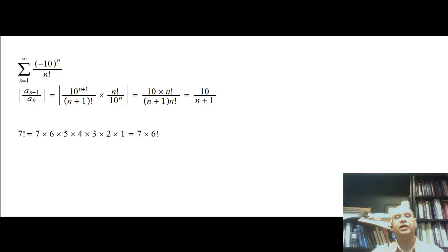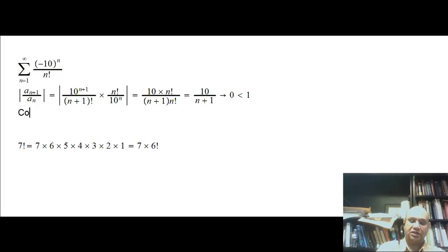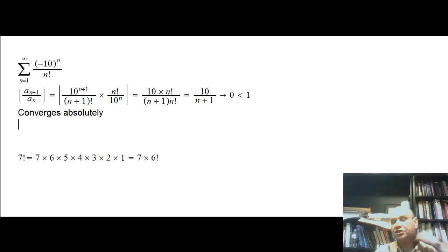Now we take the limit. And the limit is 0, and that's less than 1. So this series converges absolutely. Now, if a series converges absolutely, it converges even if we throw in negative signs at as many terms as we want; the series will still converge.